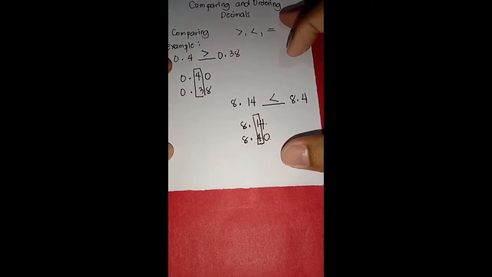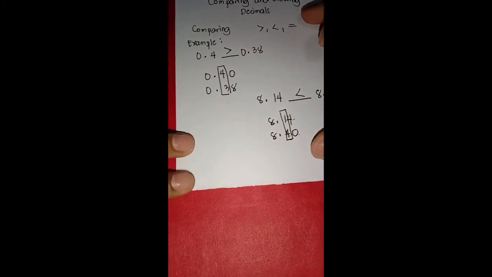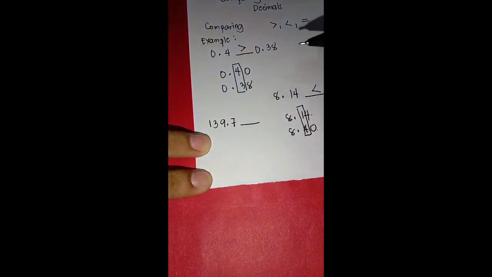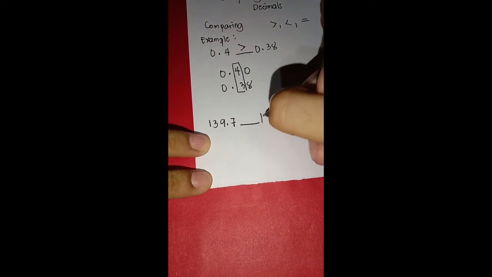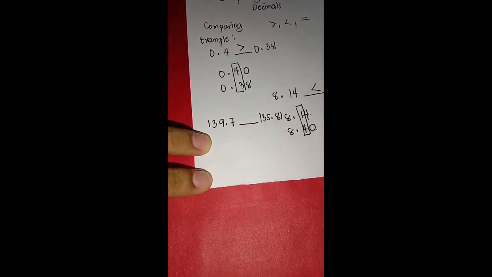Okay. Now, how about another example? What if naman meron tayo ditong 139 and 7 compared sa 135 and 81.